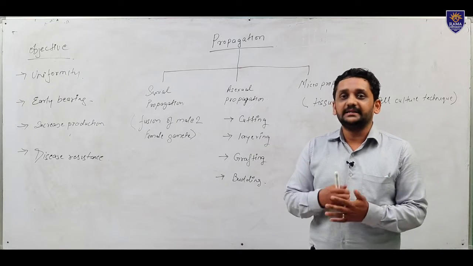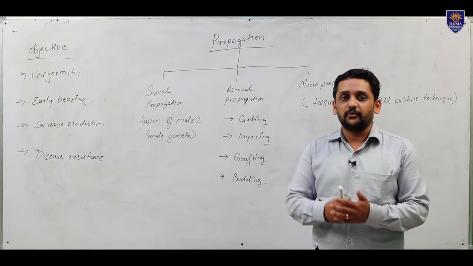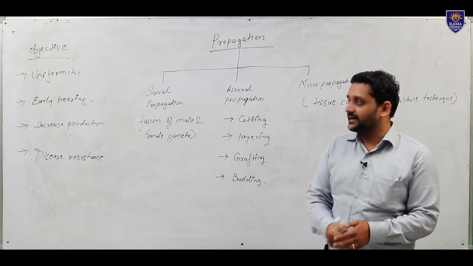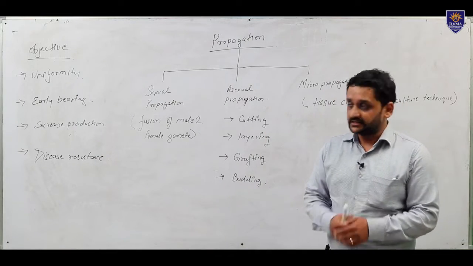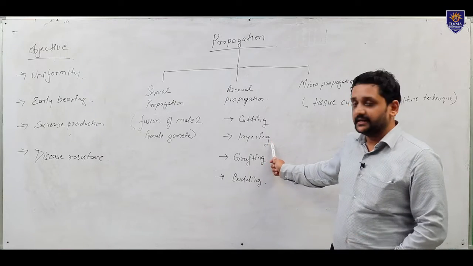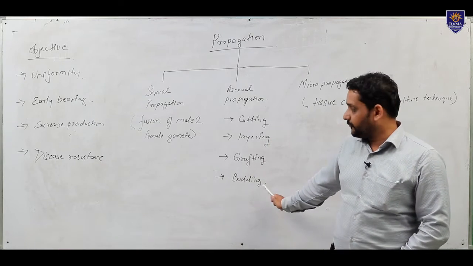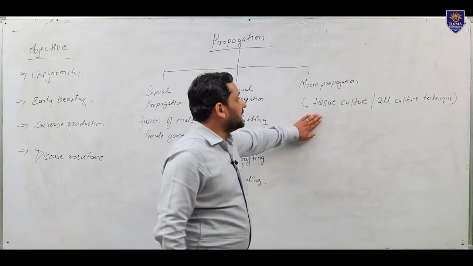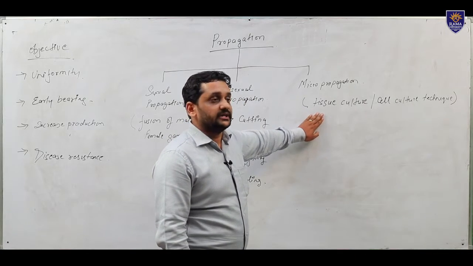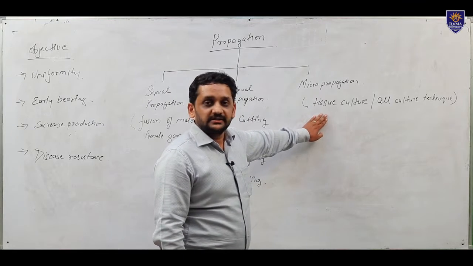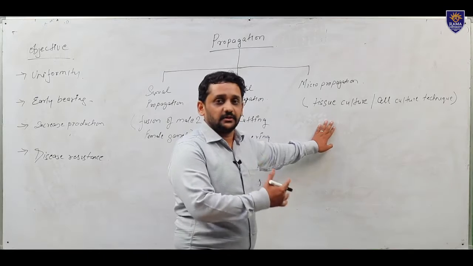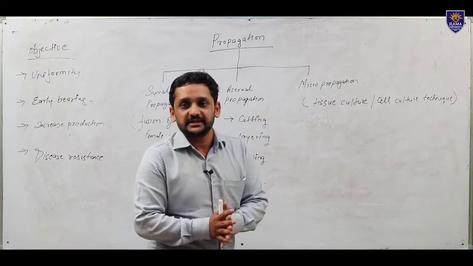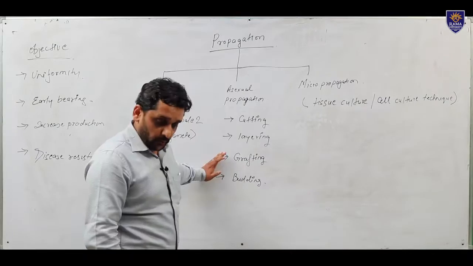It is done by the vegetative portion of the plants, which can be classified into the following methods: first is cutting, second is layering, third is grafting, and the fourth is budding. Now coming to the third part, micropropagation, it is done through tissue culture or cell culture techniques, which is large scale in studies. So today we will discuss sexual and asexual propagation.